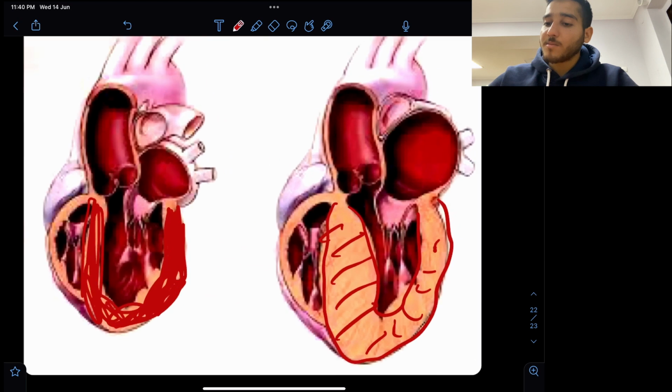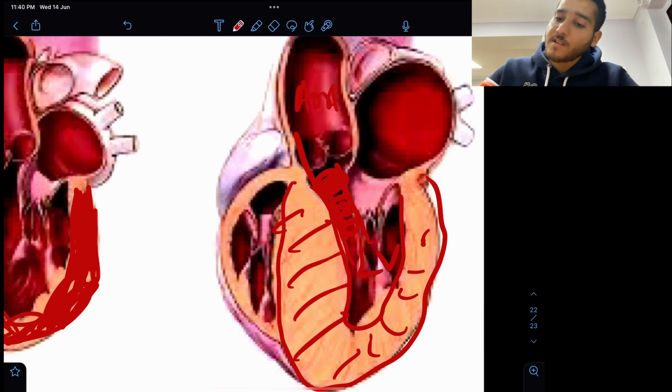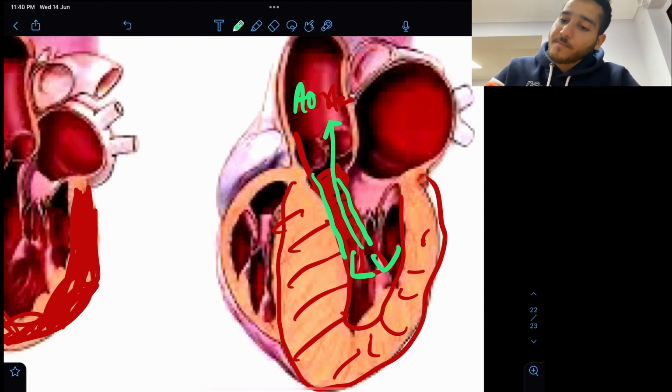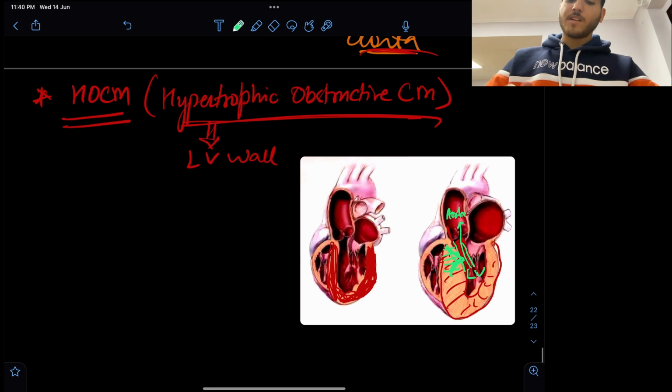And why we call it obstructive is, see, this is the aortic valve area, right? This is the passage for blood to go from left ventricle to aorta. I'll change the color. See, this is the normal passage for blood to go from left ventricle to aorta. Right? If this septum will keep on thickening, it will cause obstruction in left ventricular outflow.